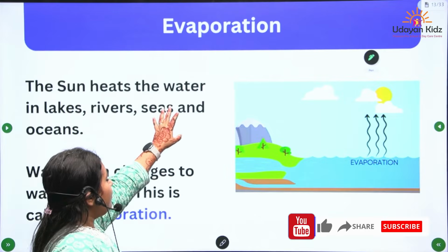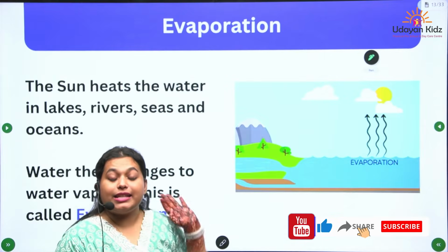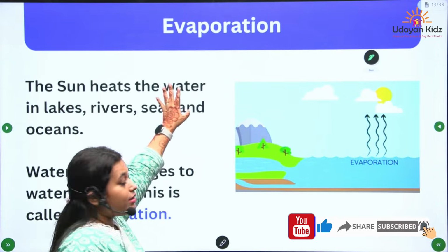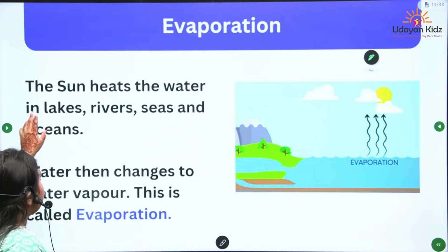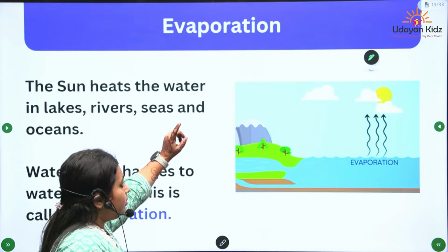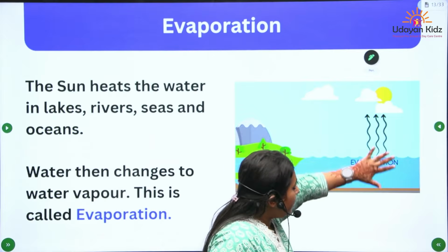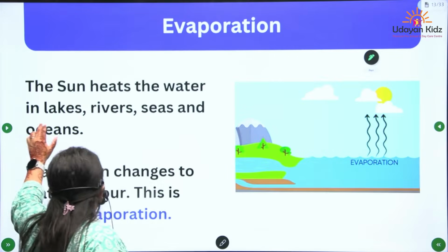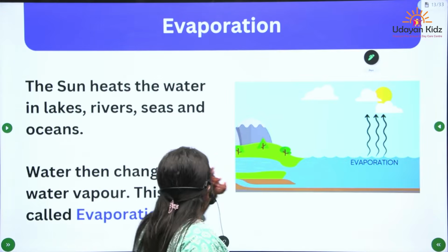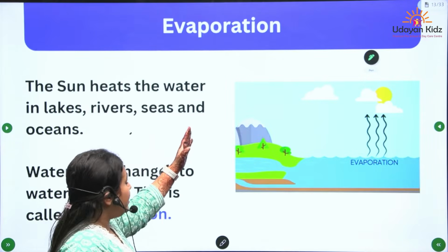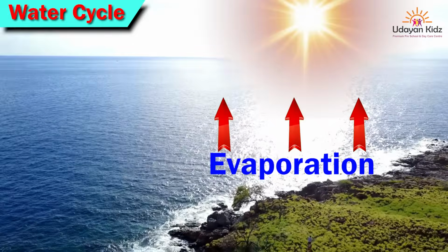Okay, so start one by one. First is evaporation. The sun heats the water in lakes, rivers, seas, and oceans.